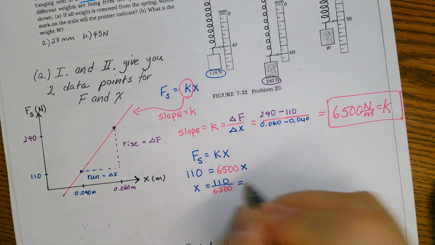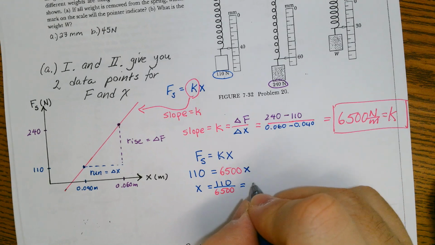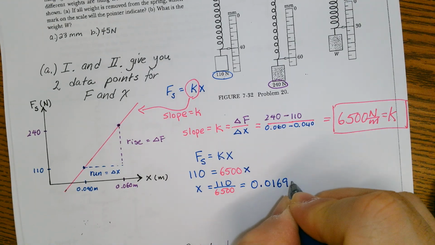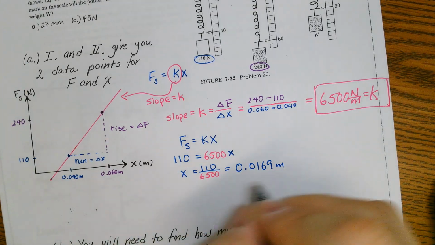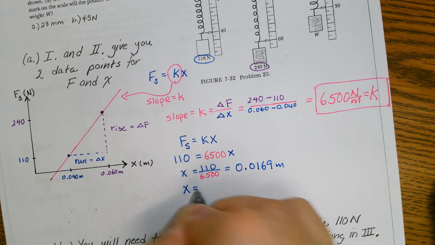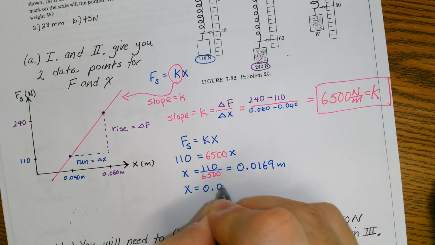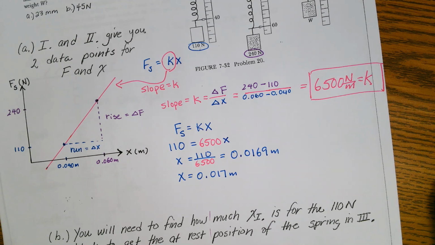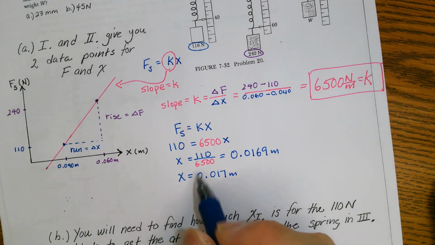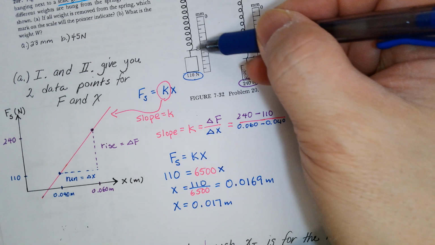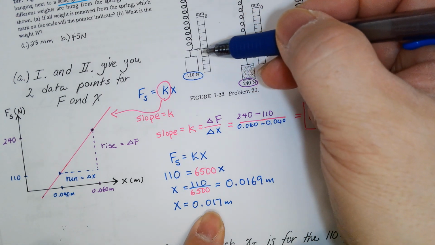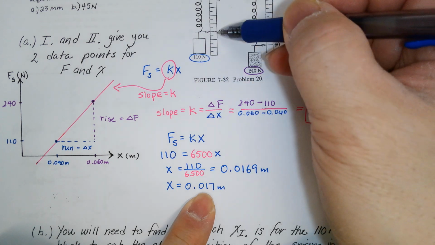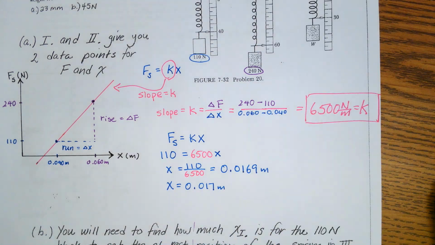So if I do this, it comes out to be 0.0169 meters, or around 0.017 meters. That means when I placed 110 newtons, it only stretched 17 millimeters. So if I take this thing off, it's going to go up 17 millimeters.